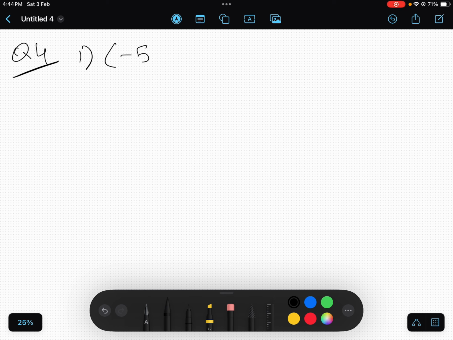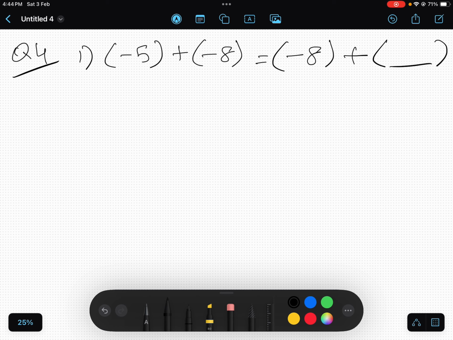They have given minus 5 plus minus 8 is equal to minus 8 plus a blank. You know addition is commutative for integers, so if you change the order, nothing is going to happen. So you can just put minus 5 there. So that is the answer.